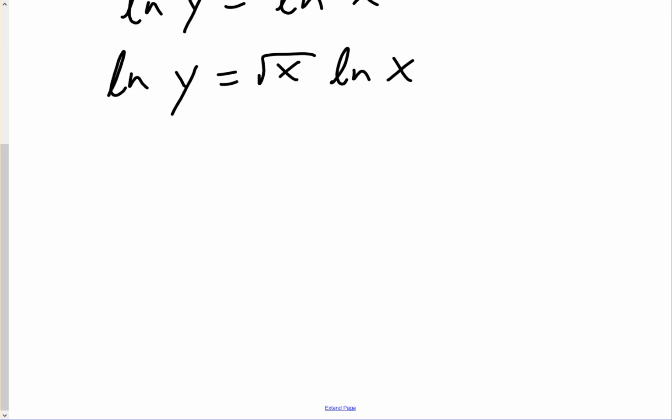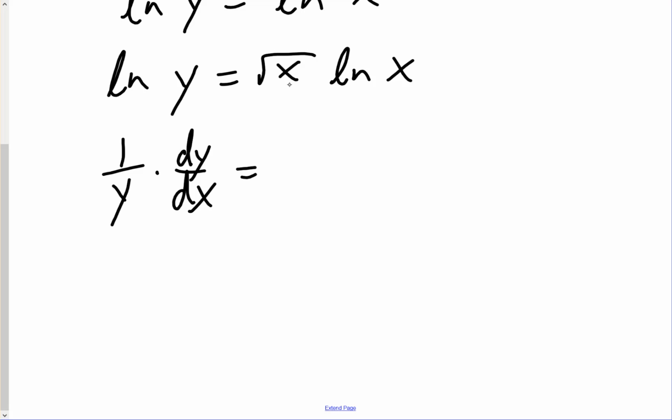Okay, so now we could take the derivative of each side. So the derivative of ln y would be 1 over y times dy dx. Okay, and on the right side, this will be a product rule.